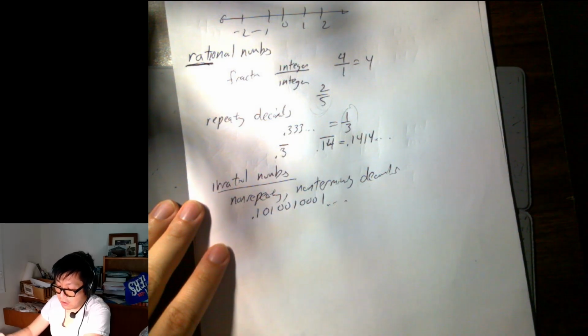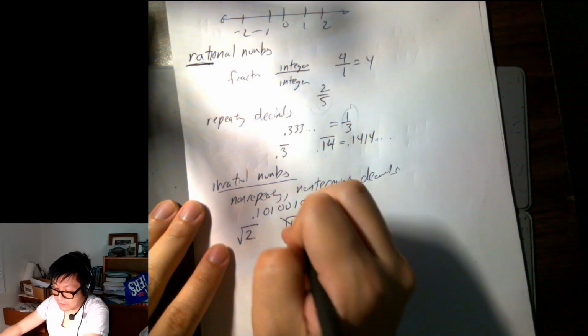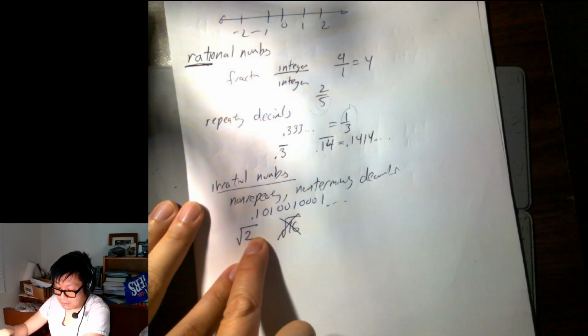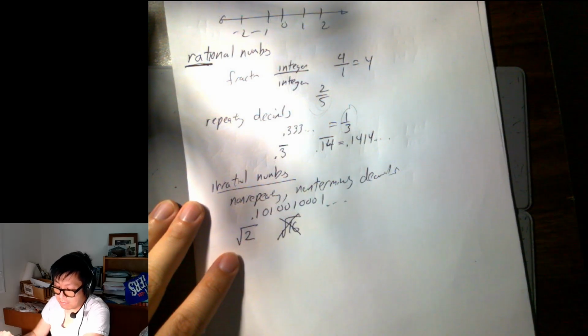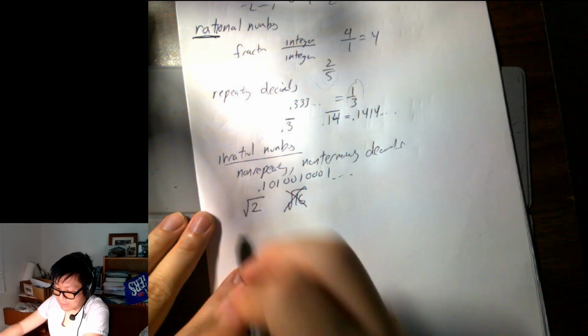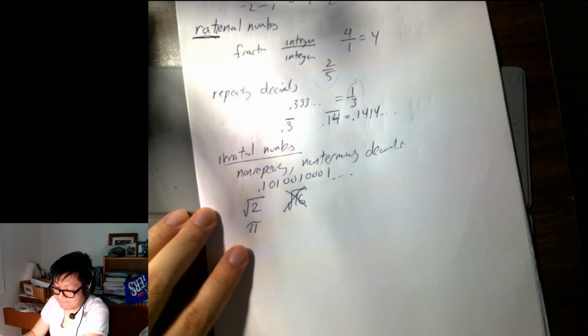Also included are radicals that do not simplify. Square root of 16 does not work because that turns into 4. But square root of 2, that's not a perfect square, so if I throw it into a calculator, it ends up being a non-repeating, non-terminating decimal. Also a couple special numbers. Pi is an irrational number. That's used early on.